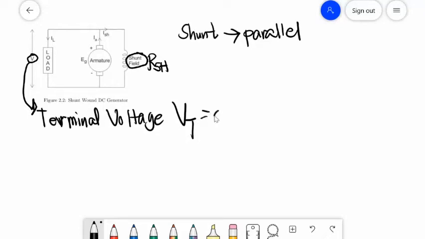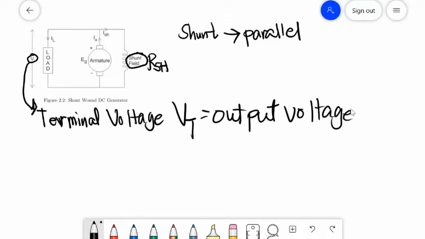This is the output voltage of the generator. This is the voltage that your load needs. For example, in our home, our terminal voltage at the convenience outlet is 230 volts. So that is the output voltage.